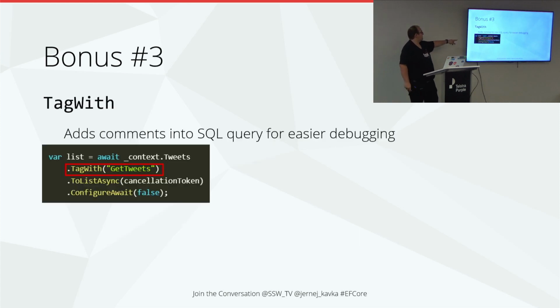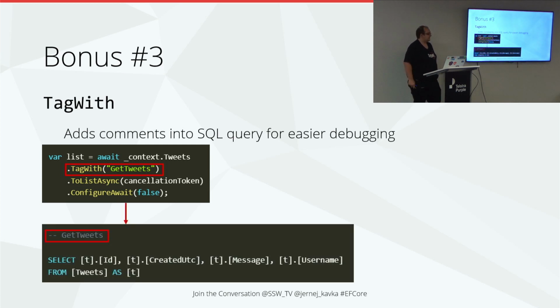Now, I have shown TagWith before, and the reason I want you to use it on every single query that you can is that now you can do it also on update and delete, which before EF7 was impossible. When you go through SQL Profiler, you can see on top the same comment that we have in TagWith.